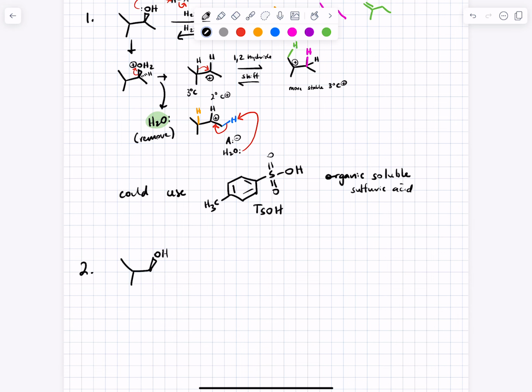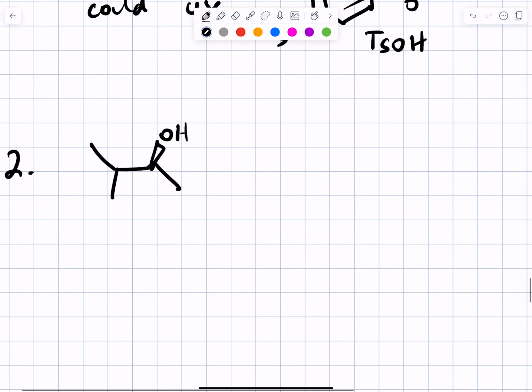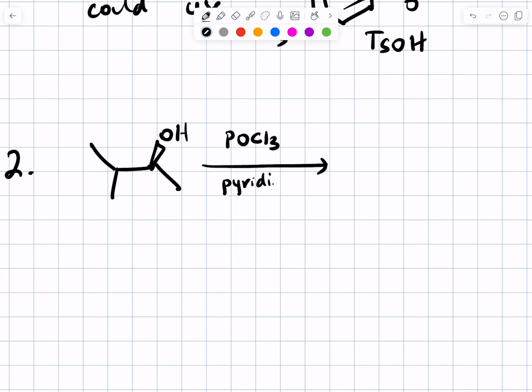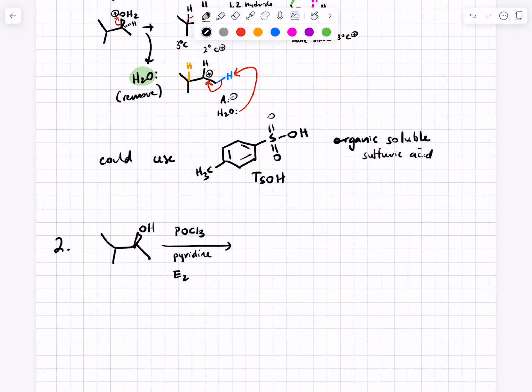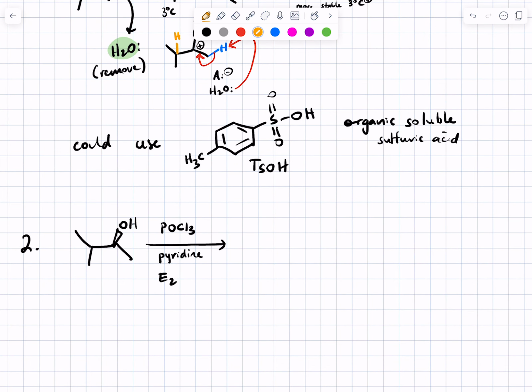Okay, the last thing we're going to do, not ever, just today, is show you that if you take this same starting material but use a new reagent called POCl3, a lot of phosphorus today, a lot of chlorides, and then again we're going to use pyridine as a base, this reaction proceeds through an E2 mechanism. You will get products from removal of the orange beta proton and the blue beta proton, but importantly, you will not get any of the rearranged products.